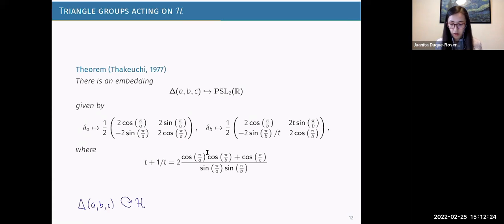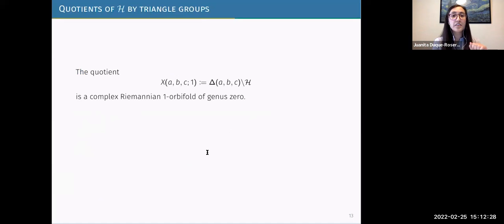So now we can study the orbits of this action, and it turns out that if you study the action of the triangle group delta of ABC on the upper half plane, you get a complex Riemann orbifold of genus 0. And we say that that's our triangular modular curve. So this is our definition of a triangular modular curve.